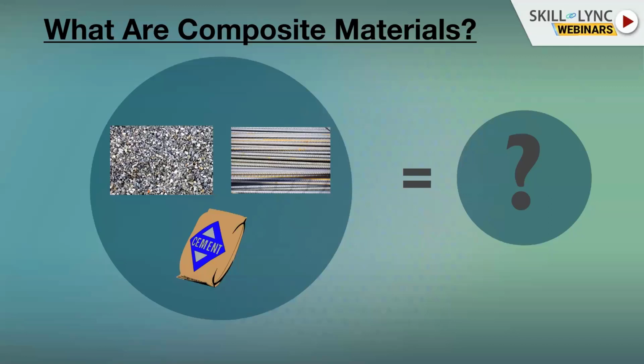What we have here is cement, reinforcement bars, sand or stone, and when they are combined in the right proportion, they give a very solid and robust concrete structure, which is actually better than any of the constituents. That's the philosophy of composite materials: to use different materials, and the outcome of that combination has much better properties than the constituents.